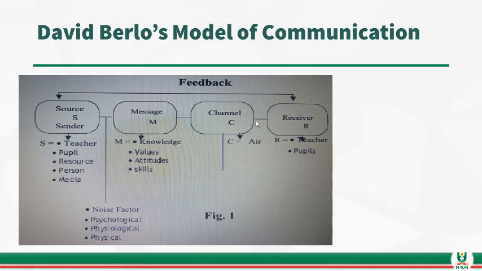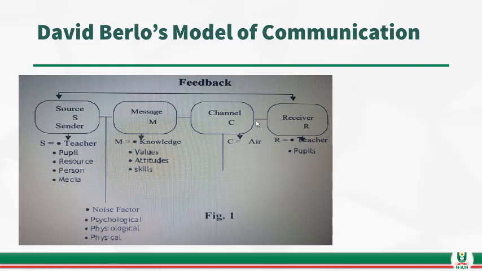So he designed the SMCR model of communication, which is linear in nature with 4 elements of communication, which include sender, message, channel, and receiver, which were later modified to what we are seeing on the screen to include feedback, because there were a lot of critiques and arguments from other experts in the field.